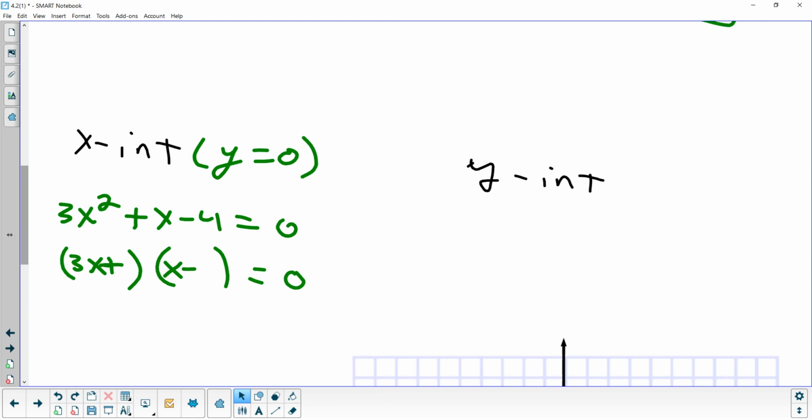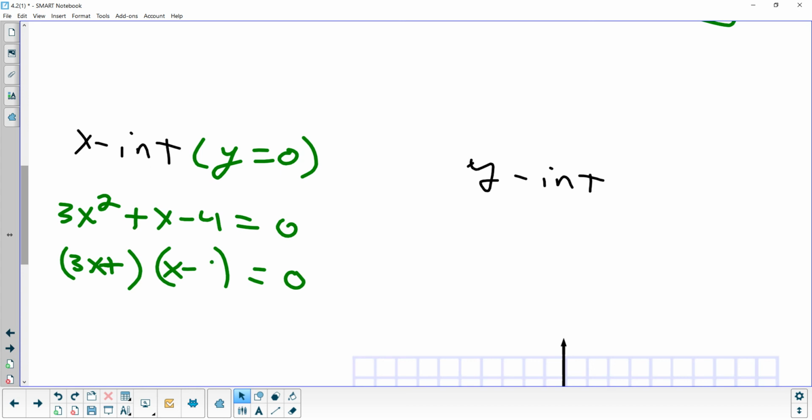And two numbers that multiply to give me 4 are what? Yep, 2 and 2. What else? 4 and 1. Yes, let's do 4 and 1.